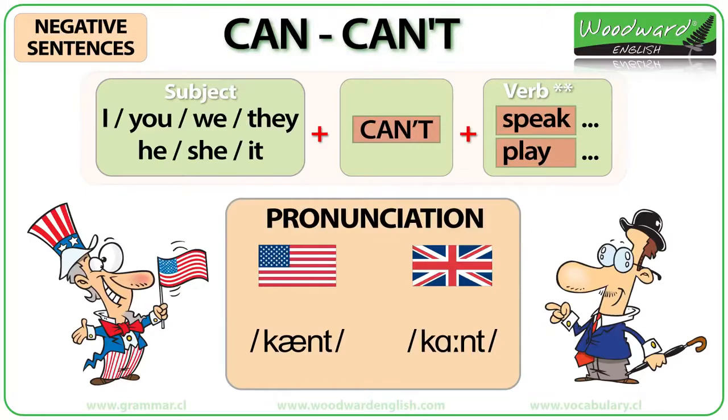Can't is the pronunciation in American English, and can't is the pronunciation in British English. I can't speak. In the rest of this video, I will sometimes use American English and sometimes use British English.